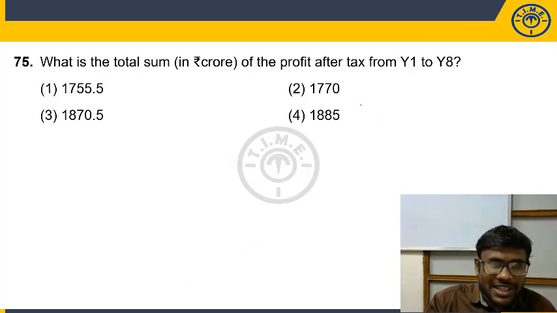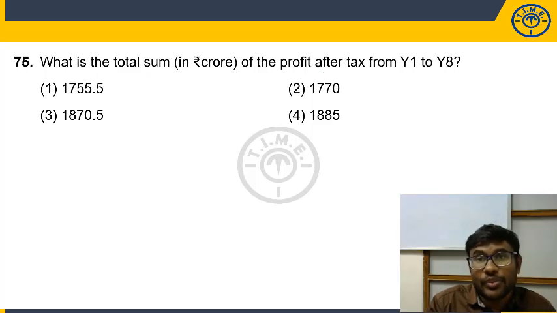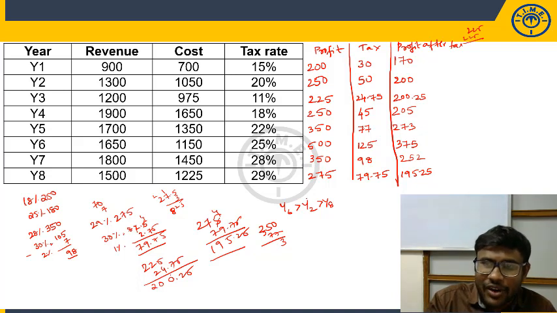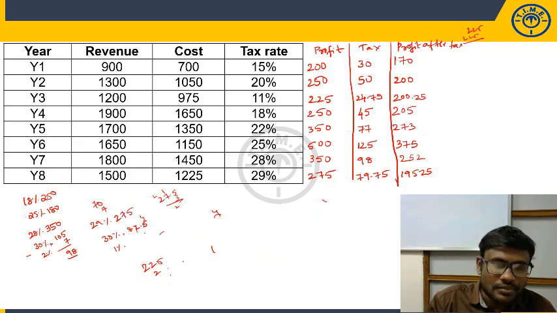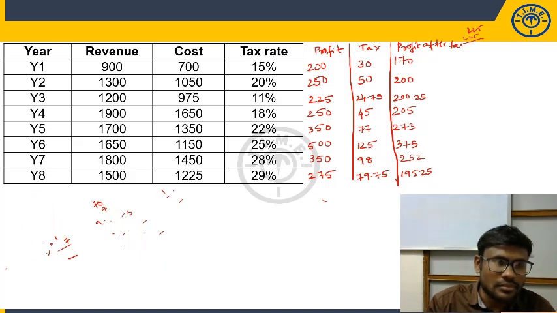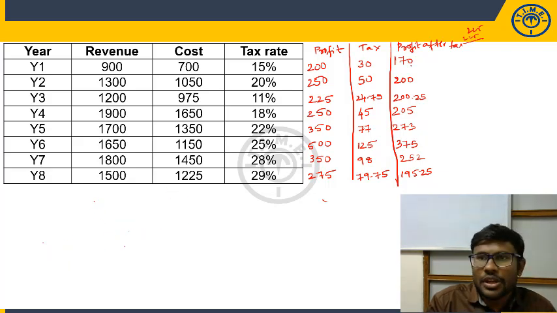He's asking what is the total sum of the profit after tax. Means we have to add all this. So I'm erasing this part. Okay. So we should add all this.